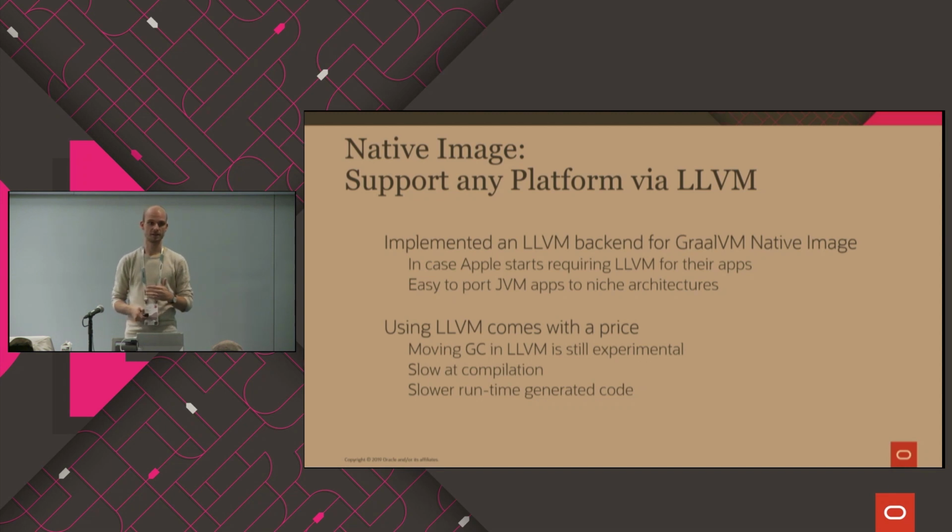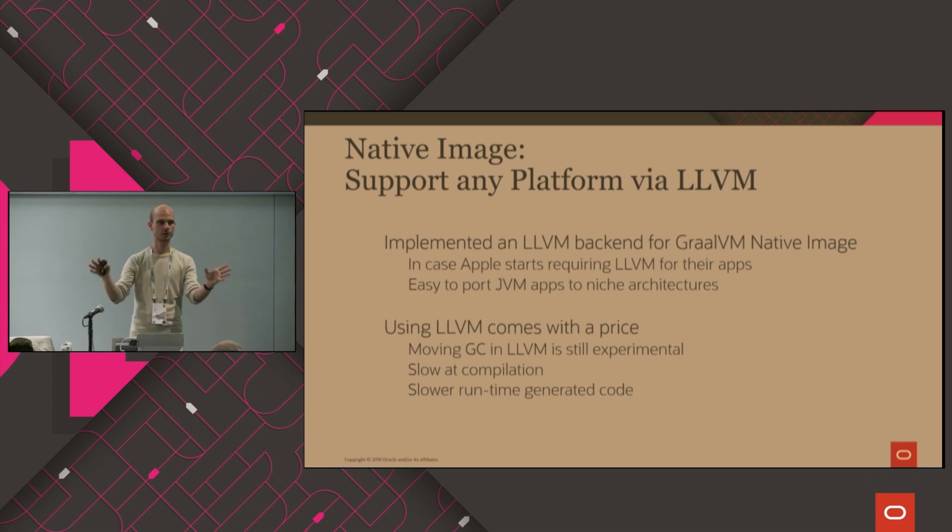The other advantage is that in case, for example, Apple starts requiring LLVM bitcode when you submit apps to the App Store, we've got you covered also, because we're not just creating a binary that's kind of a black box. We actually create bitcode, and then you can submit that, and they will use that. So the current state shouldn't be taken as the entire story.